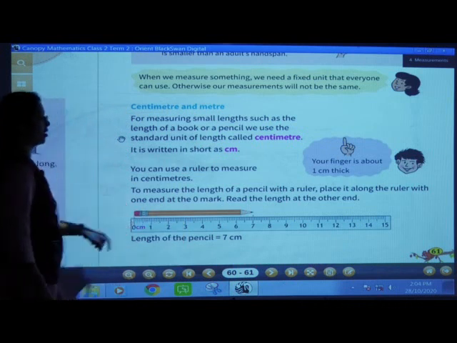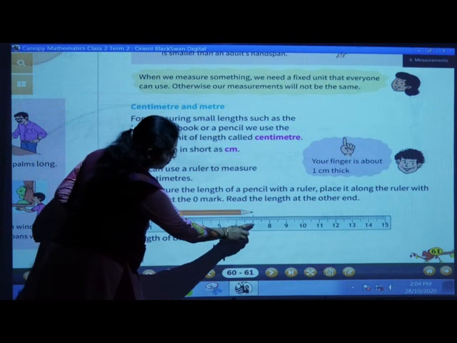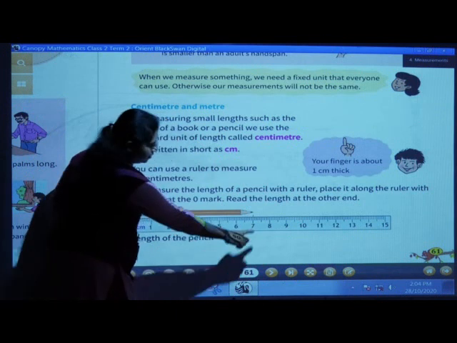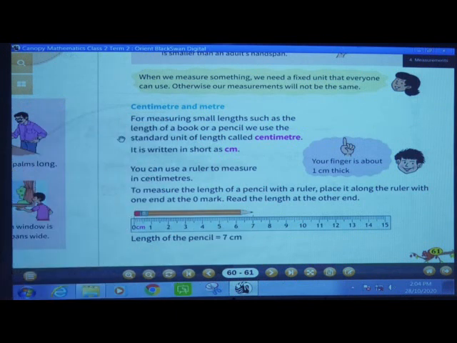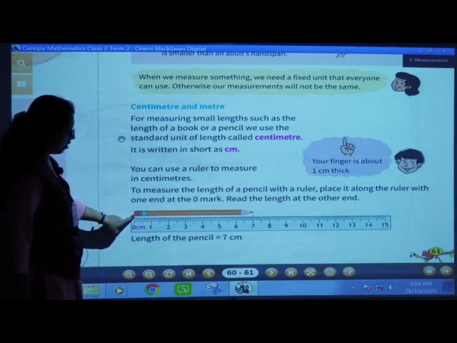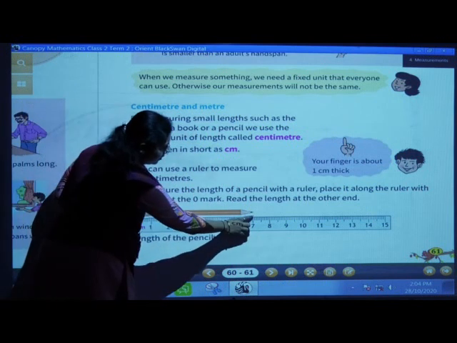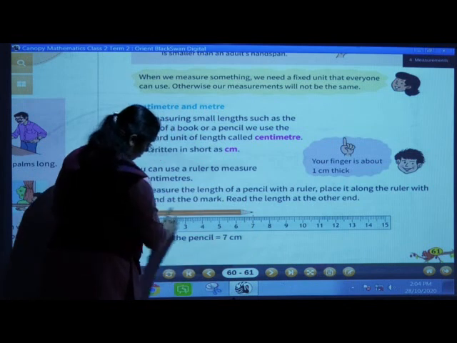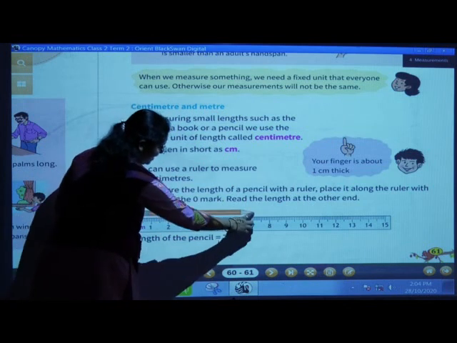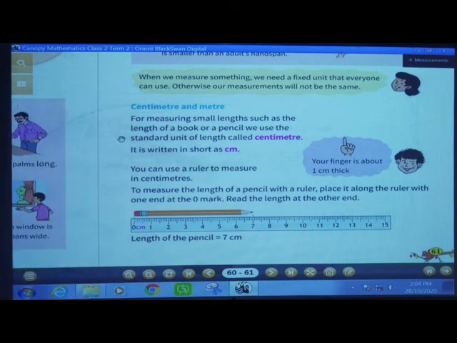Means the length of the pencil is 7 centimeter. Start from this 0 and see the other point. Where is it? At the 7. Means the length of this pencil is 7 centimeter.